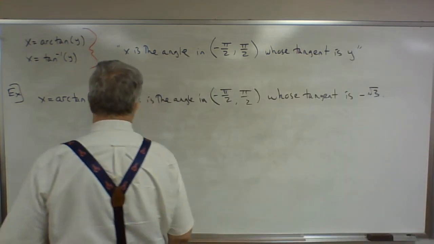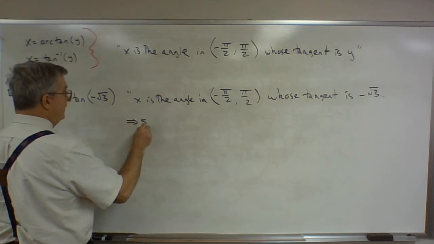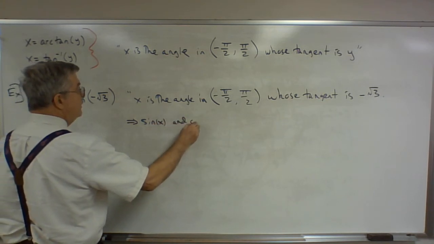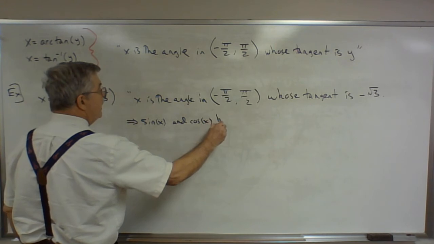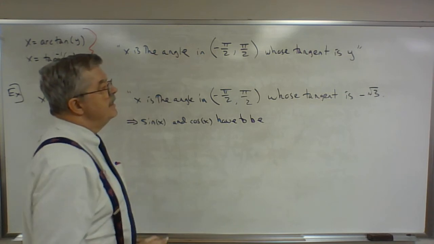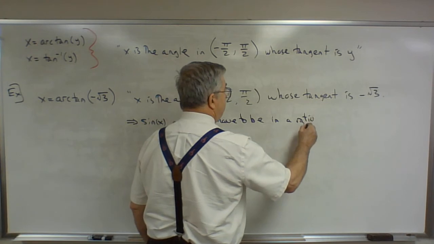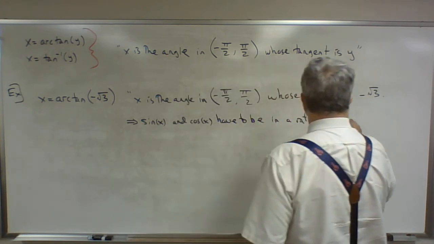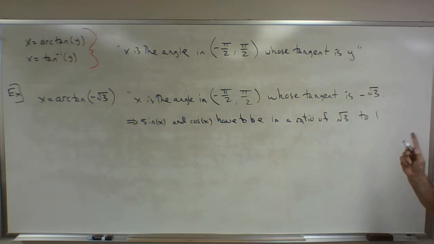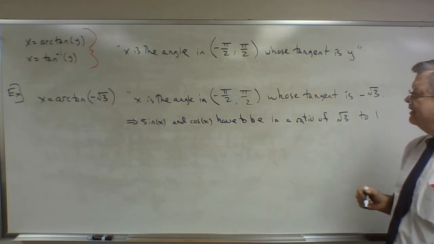So essentially, since tangent is sine over cosine, sine x and cosine of x have to be in a ratio of square root of 3 to 1. Furthermore, one of these has to be positive and one has to be negative.